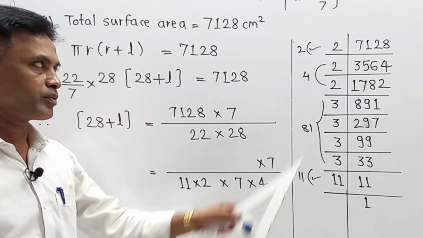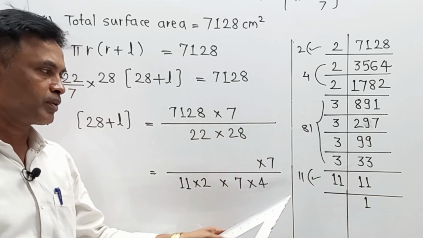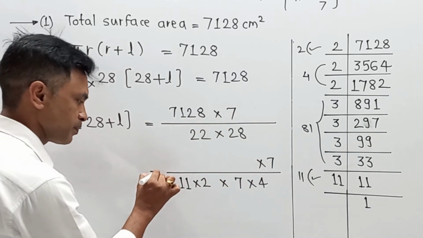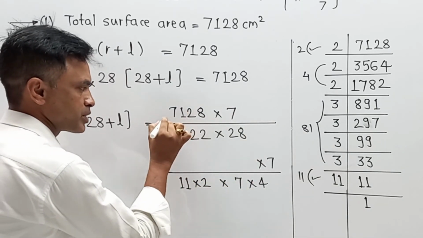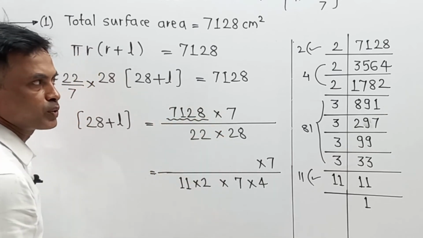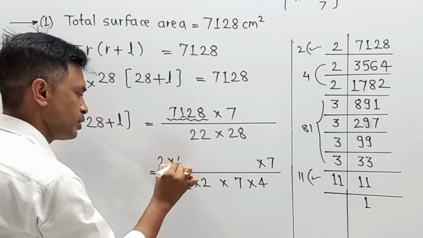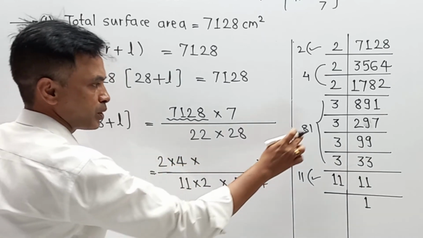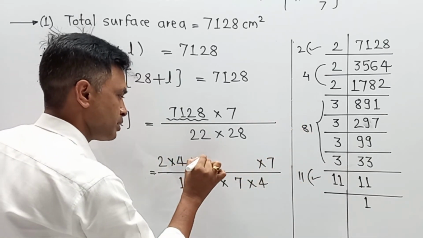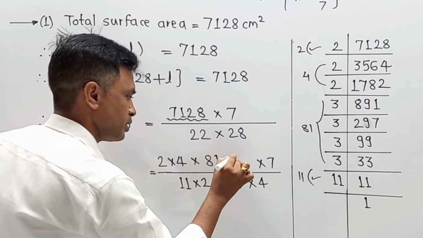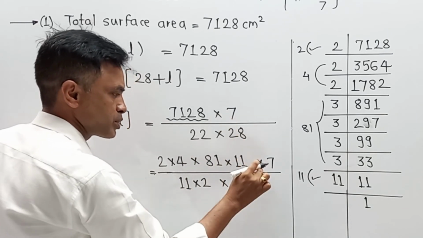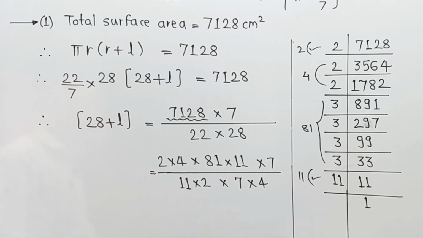What is the advantage of that? I am writing the split up of this number. 7128 can be written as 2 into 4 into 81 into 11, so 81 into 11 into 7 as it is. Now we can have a simple part for common cancelling.